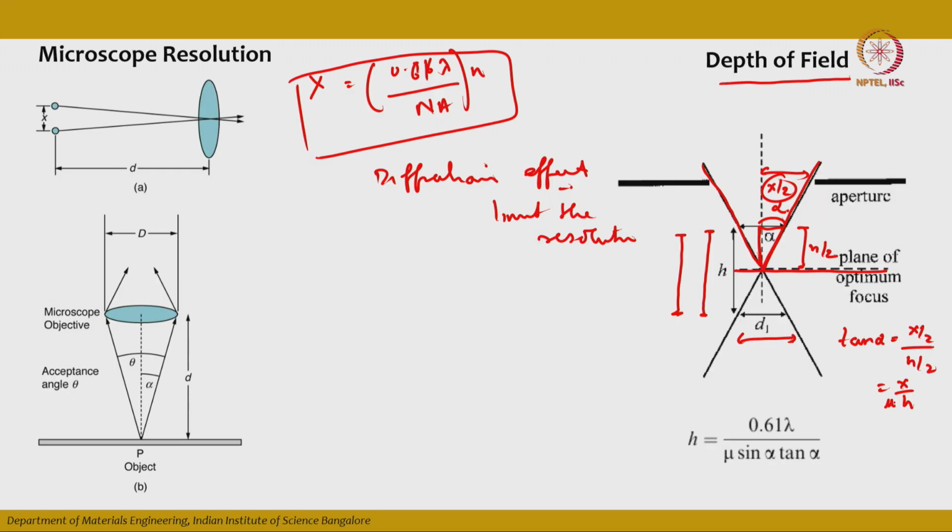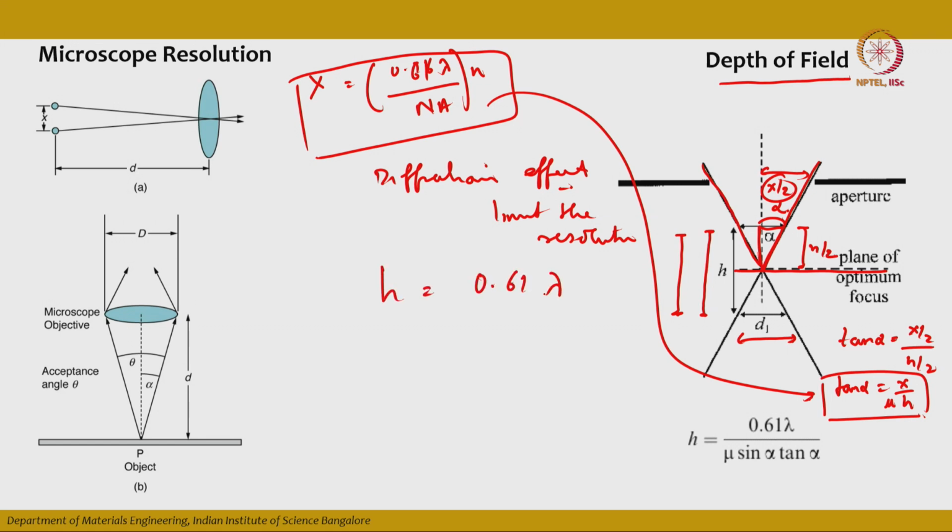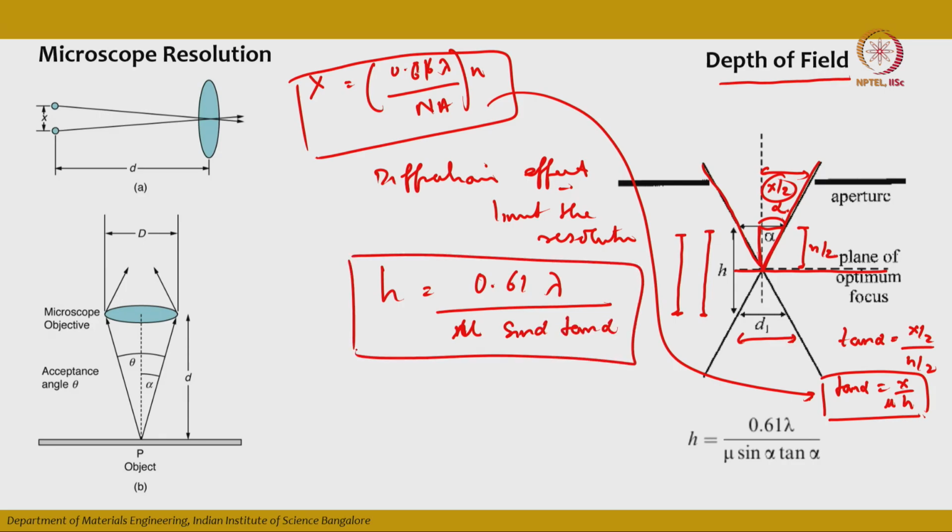So this is your tan alpha. Now if you compare this with the earlier formula, you can put h equal to 0.61 lambda divided by mu sin alpha into tan alpha, and this particular term is nothing but x, the minimum distance which can be resolved.